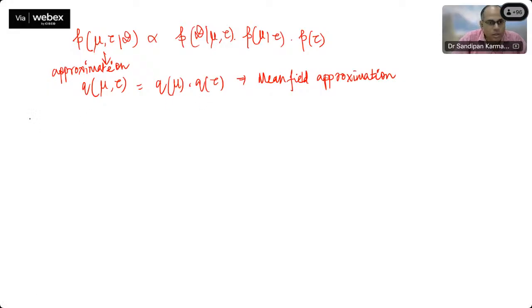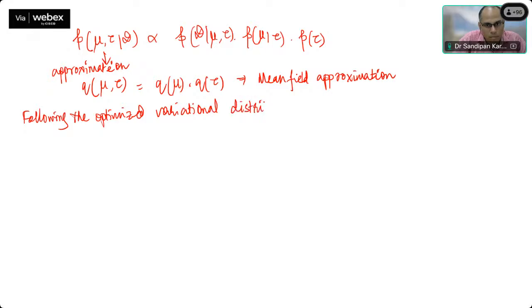Now, following the optimized variational distribution formula, we get ln q star of mu.